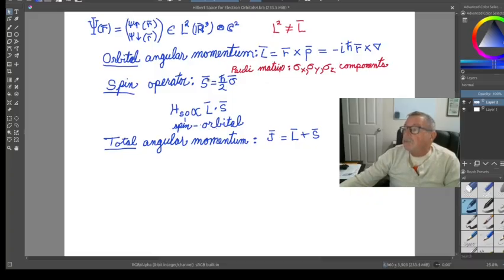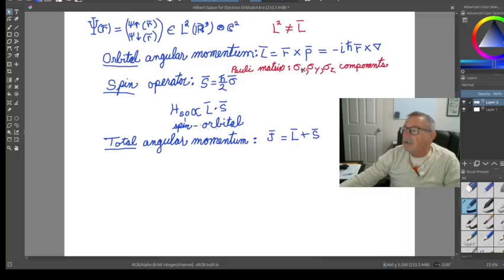And this big S is the spin operator, and we showed that the measured value for the spin operator is h bar over 2 times the Pauli matrices vector. I put a bar over there to show that it's a vector. And that has x, y, and z components. You should know these matrices by heart. If not, go back to the spin stuff.